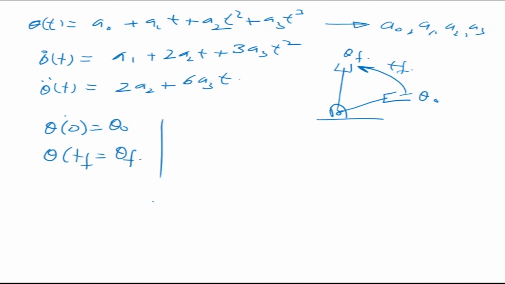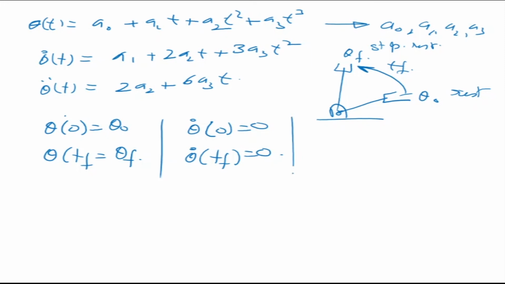So I have two constraints. Now what about velocity? Before starting, it is at rest, and here also it stops motion, so it is at rest again. So at time equal to 0, velocity was 0, and velocity at tf is also equal to 0. So I have four equations now, four equations and four unknowns.